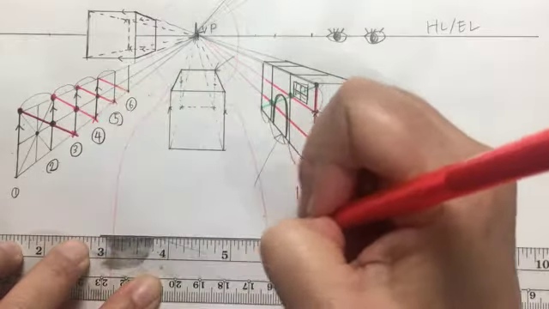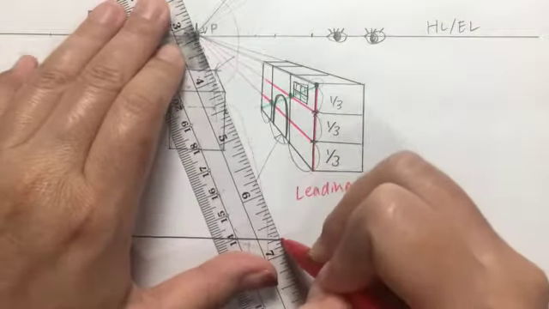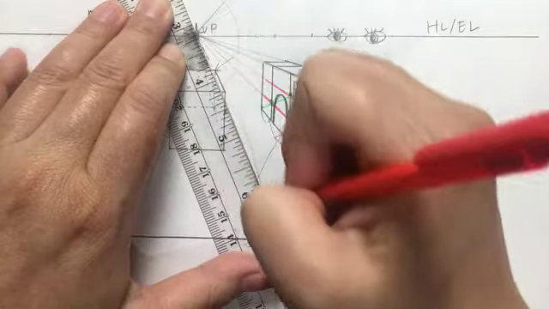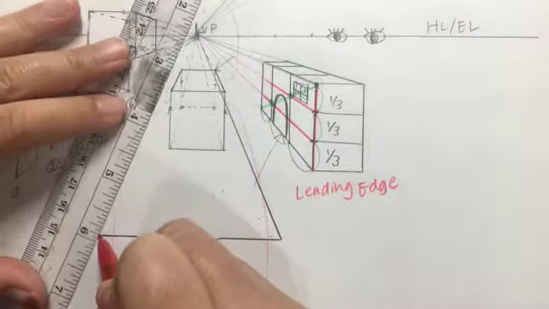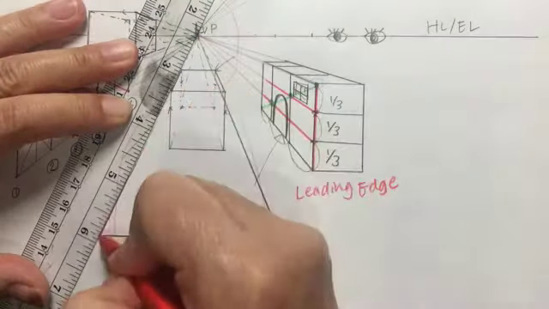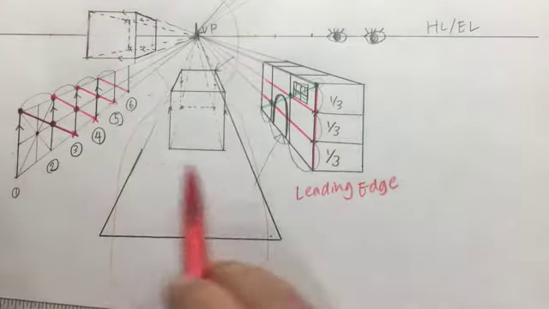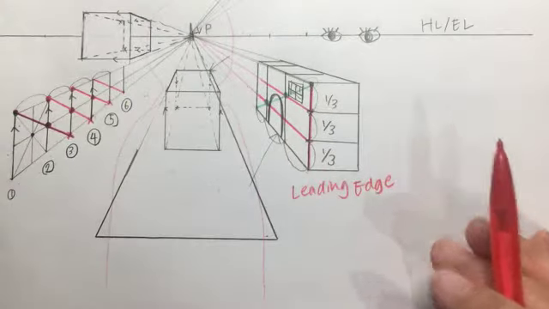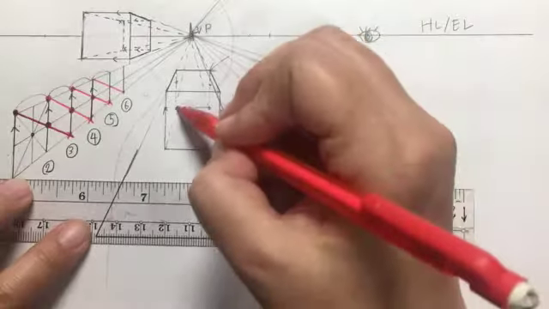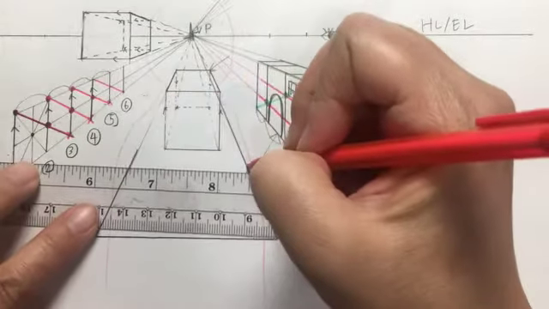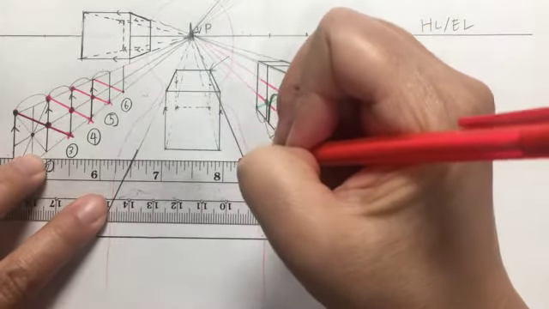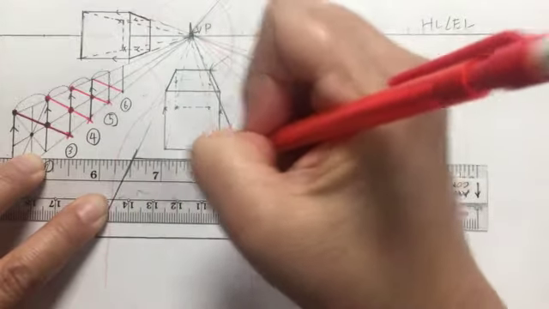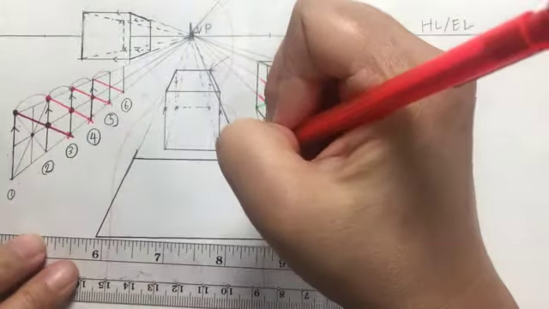So this is the one-point perspective floor. Imagine this is a floor, and instead of drawing a cube, I'm just drawing the bottom portion of the cube here. I just randomly decide the floor size here, right?